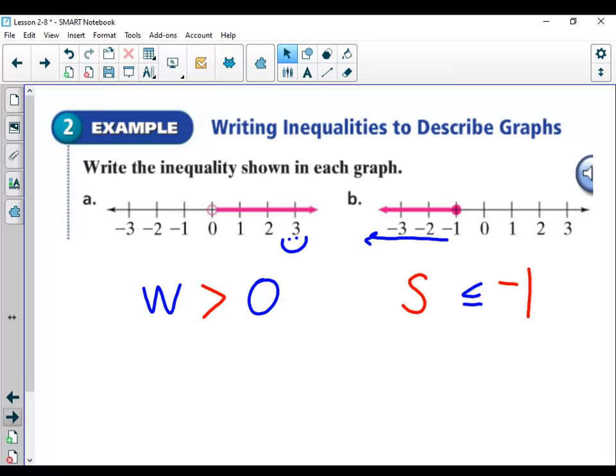So now I wrote my inequalities, and I'm done. 2 types of problems. You should have that yellow line graph paper. Several of them I need to graph on the line graph paper. And a couple others, I need to write the inequality from the graph that someone gave me. You're ready to go. Good luck.